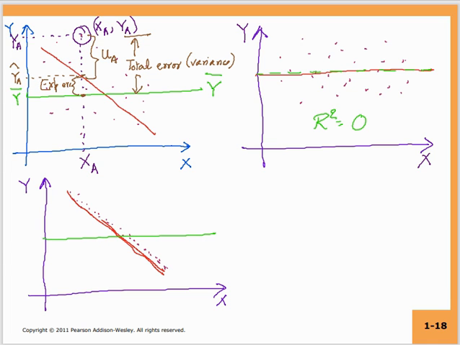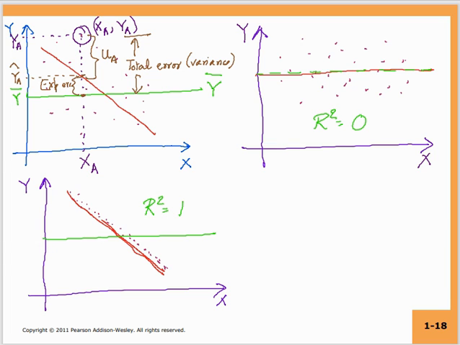And the error between your data points and your regression line, almost there is no error, and your regression line explains almost all the error. In this particular case, the r square is equal to 1.